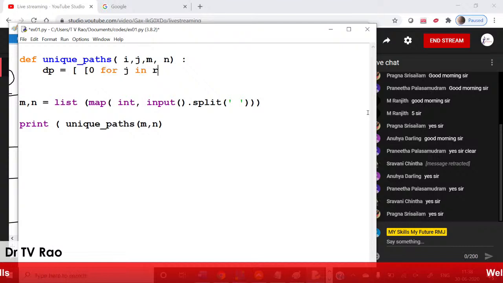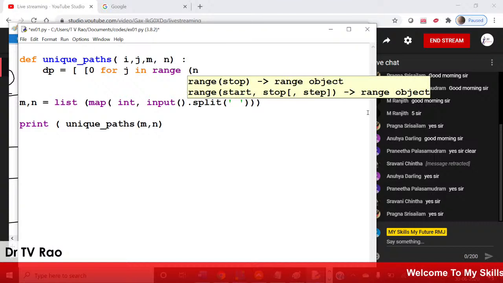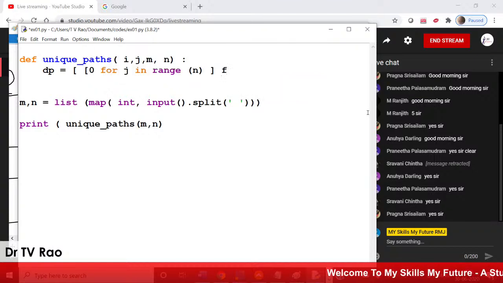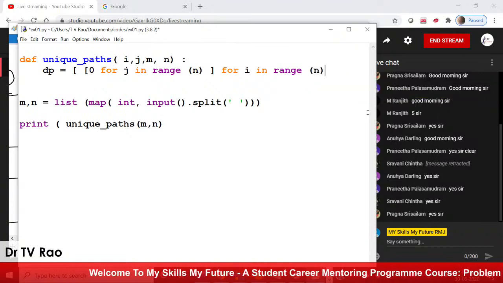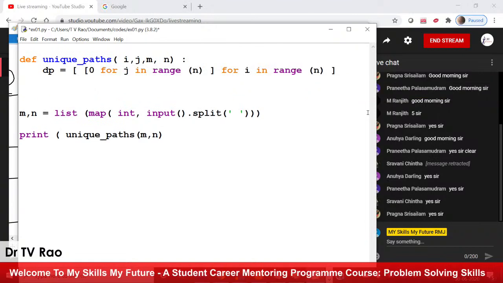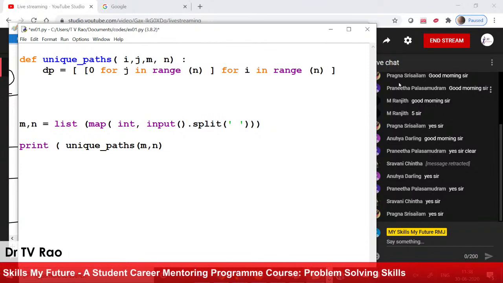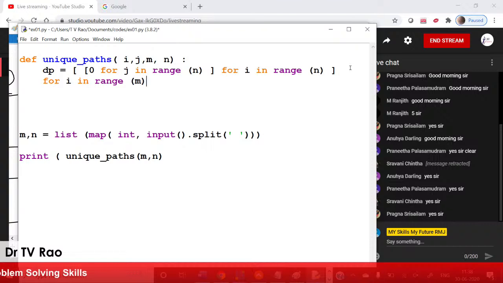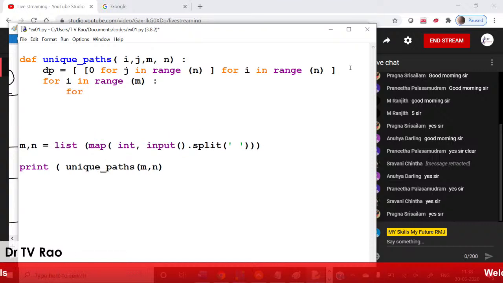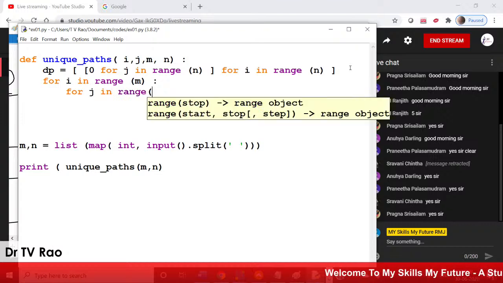So for i in range 0 to m minus 1 rows, for j in range n, this is for columns.